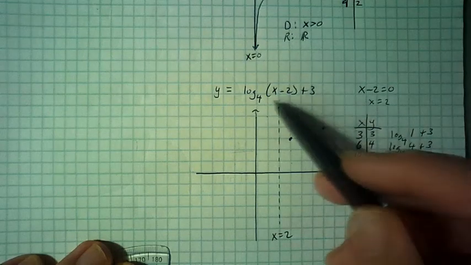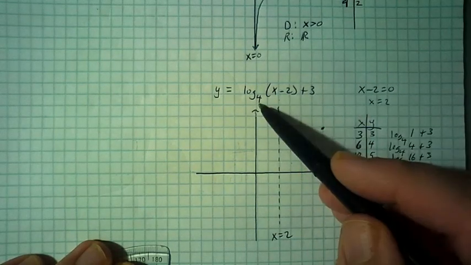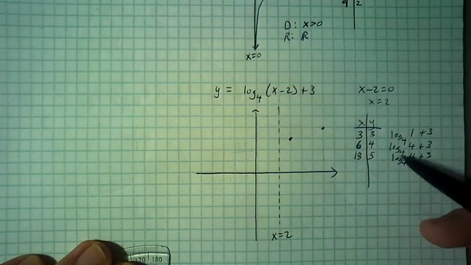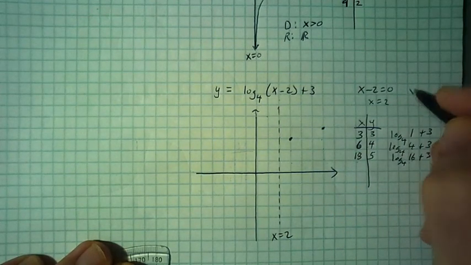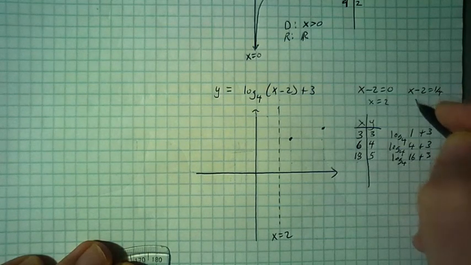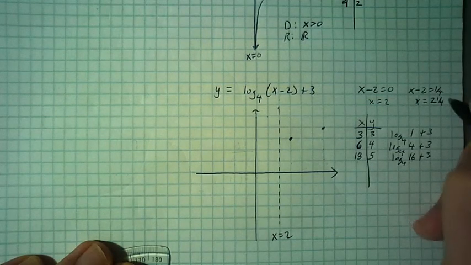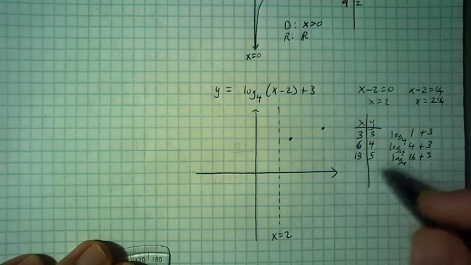Some of you aren't going to like it, but I really need to make the inside equal, say, 1/4 to get a nice answer here. So if I need the inside to be 1/4, x minus 2 equals 1/4, then x is going to have to be 2 1/4, or 9/4 if you prefer.